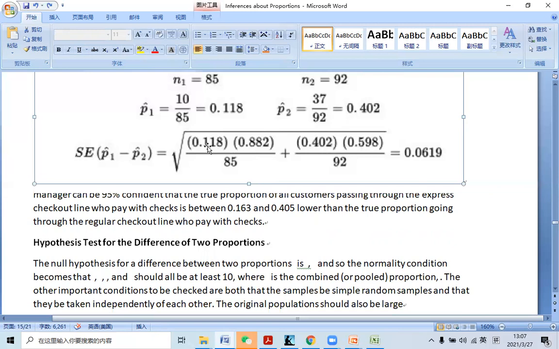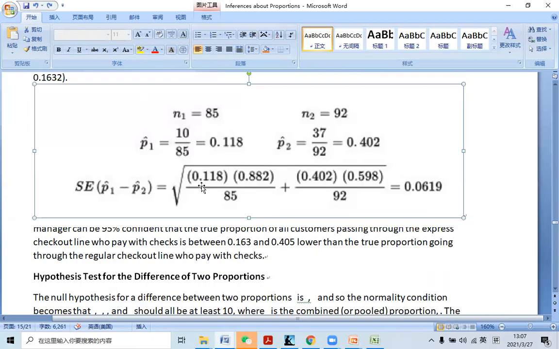The 0.118, that is a proportion, the proportion of people who pay with checks in this sample, times 1 minus P1. That is the other side, the proportion of people who pay with other means of payment. You divide it by the number of people, 85. That's the number of people in your sample. And then you add the estimate from sample 2. For sample 2, you have 96 people. These are the regular checkout.